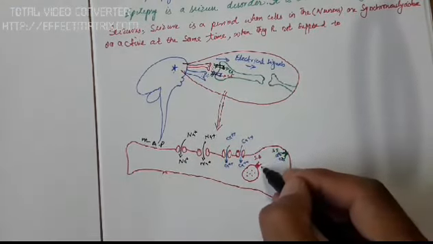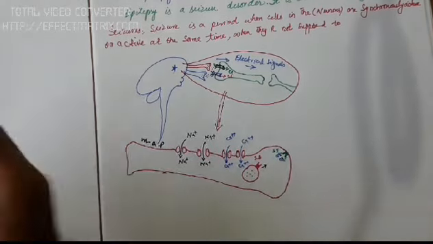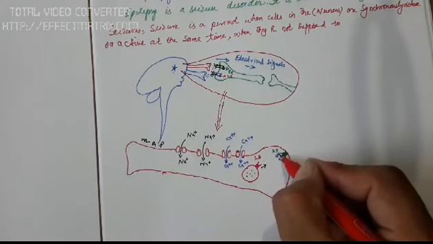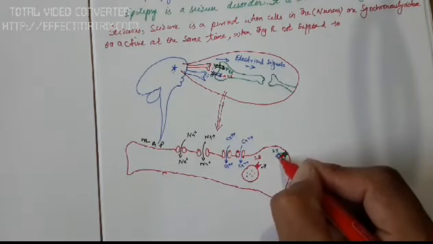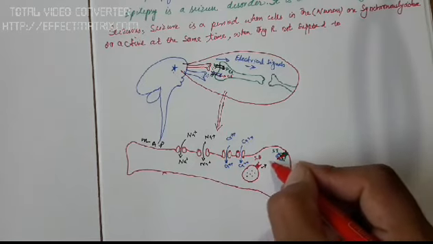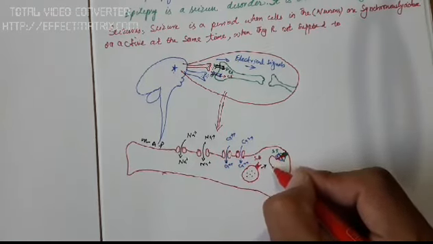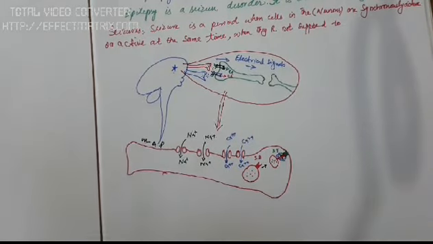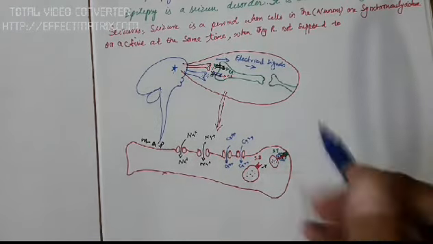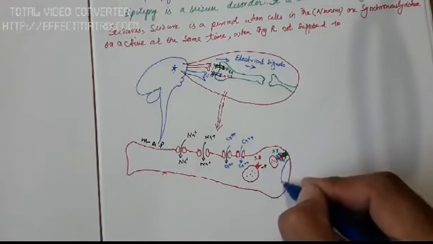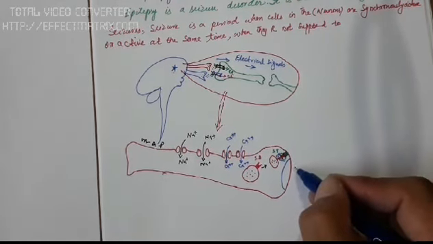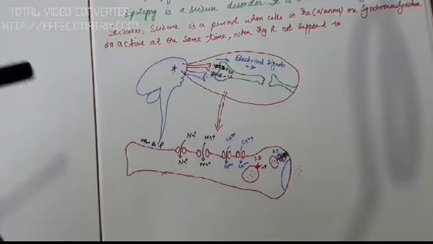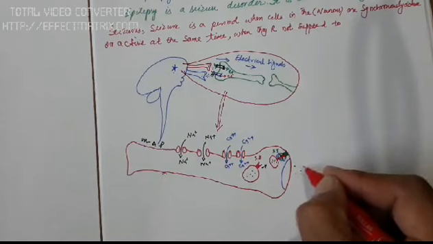So this vesicle will fit over there with that synaptobrevin molecule, and this vesicle will be fused and it will release glutamate molecules here.